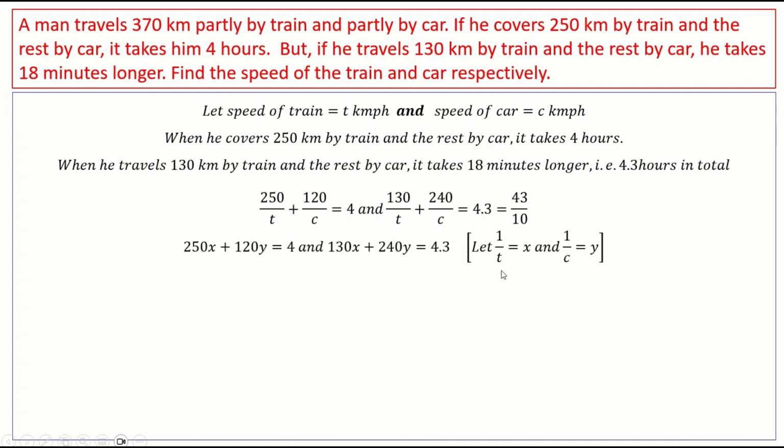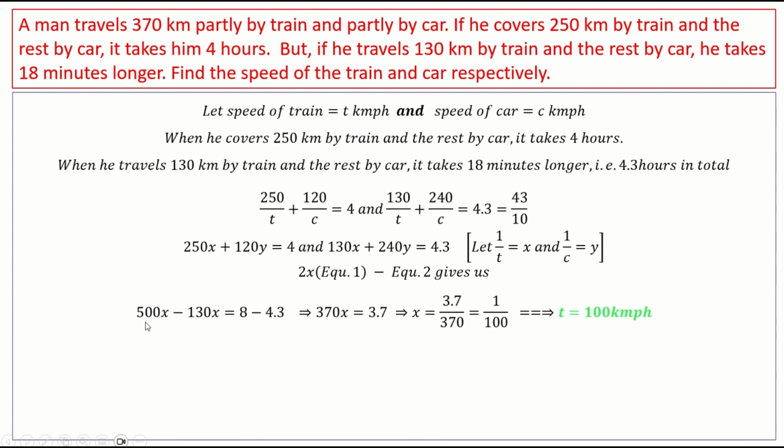Let 1 by t equal x and 1 by c equal y. Then 250x plus 120y equal to 4 and 130x plus 240y equal to 4.3. Multiply equation 1 with 2 and subtract the second one: 500x minus 130x equal to 8 minus 4.3, which is 370x equal to 3.7.